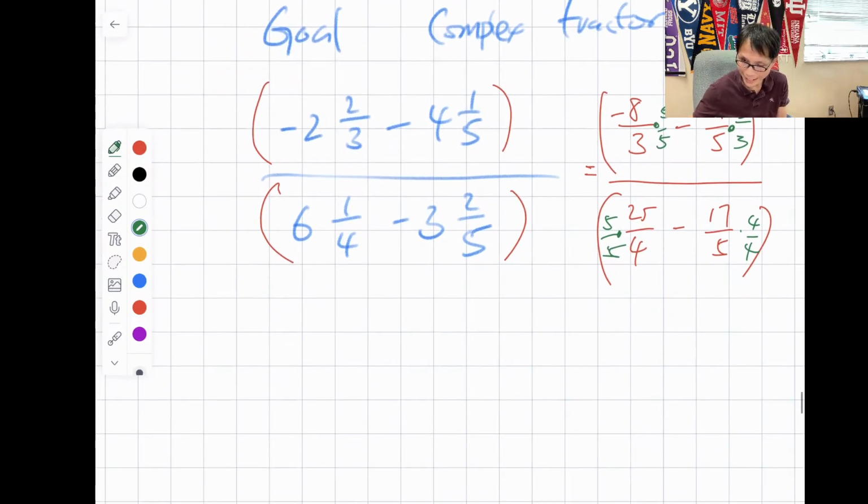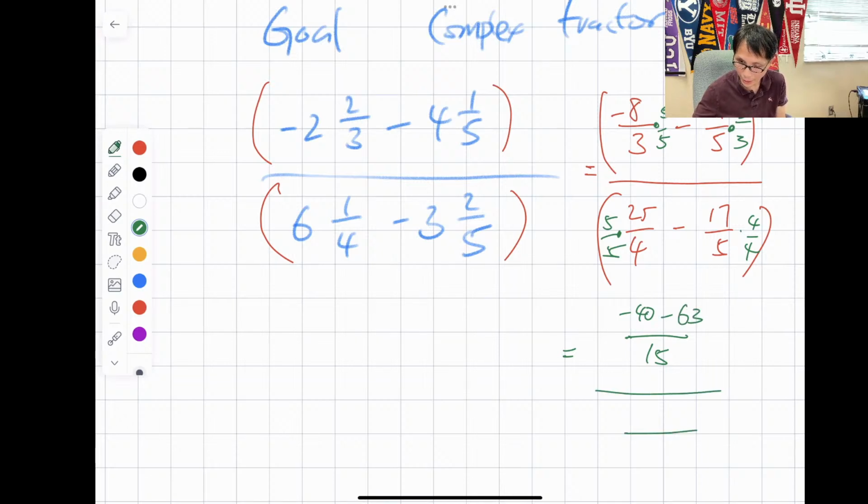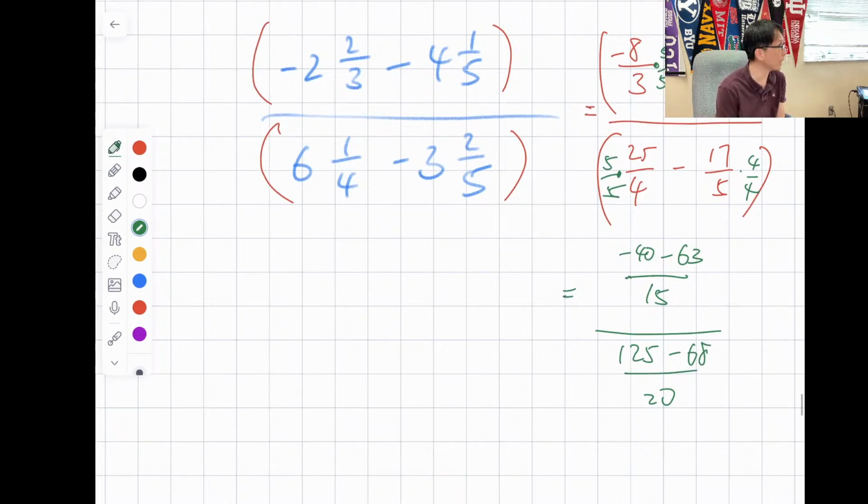So now I got what? I got 15 on the top. That's going to be negative 40 minus 63. And on the bottom, it's going to be 20. And this is 125 minus 68, I think. I don't know. Am I going too fast?